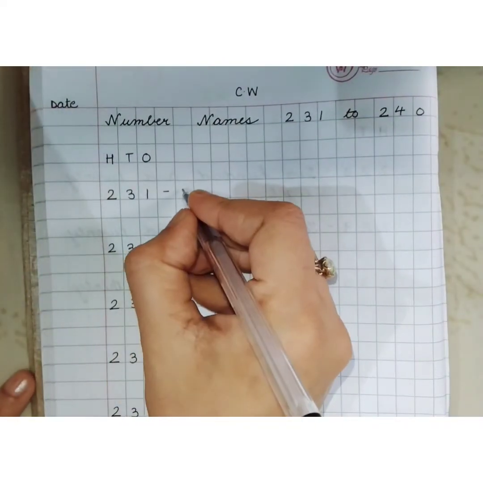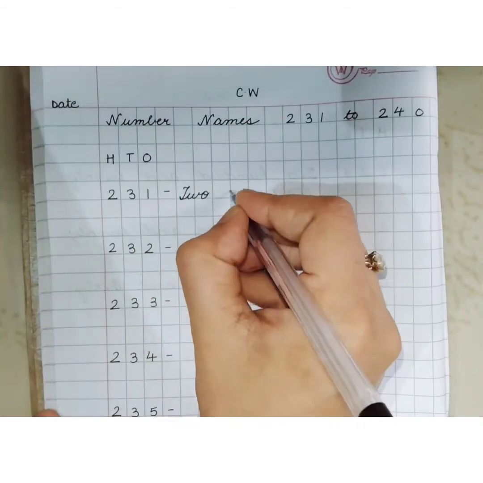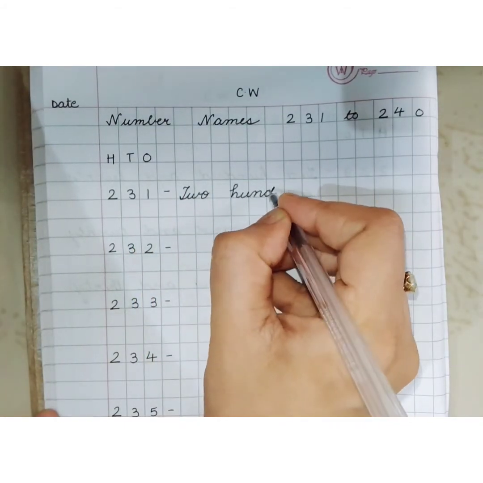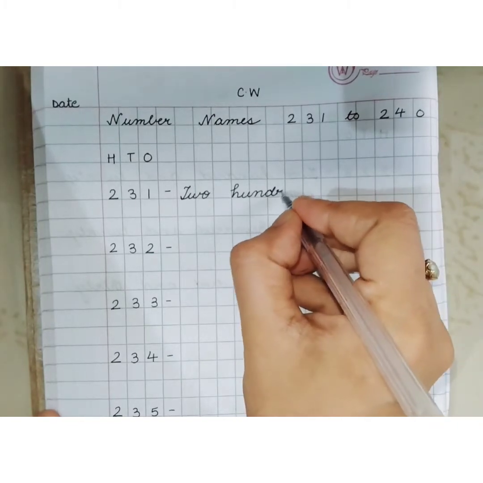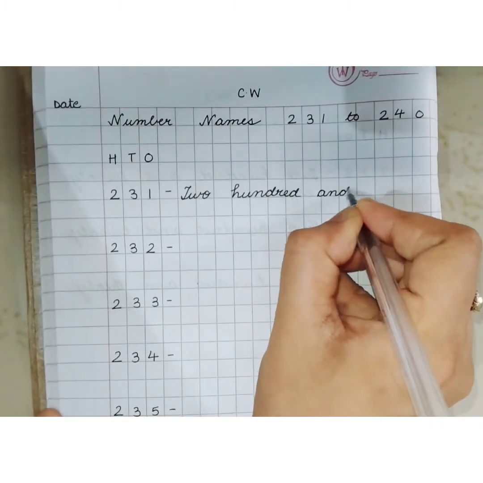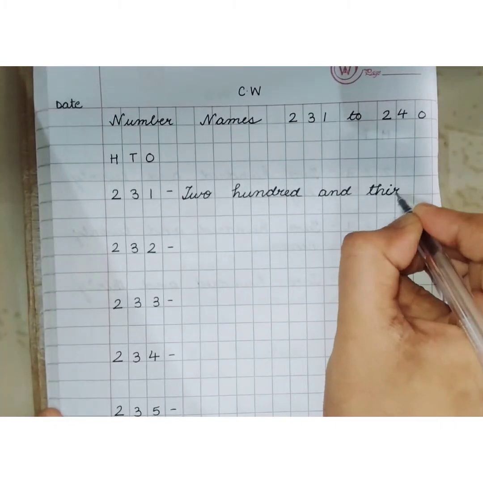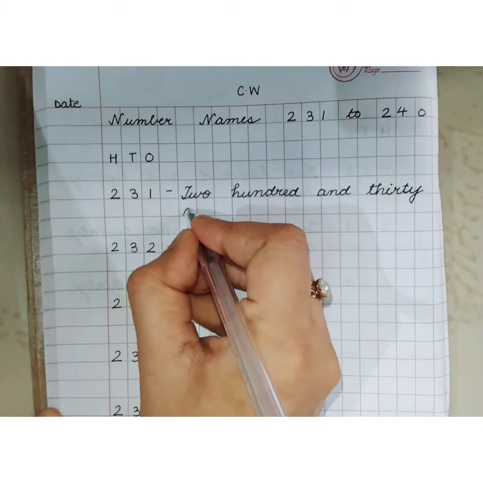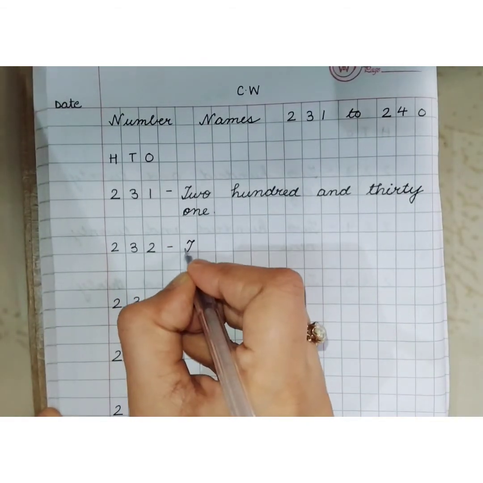So I have already put classwork, date, number names heading 231 to 240, HTO, and then we will quickly start off with writing the number names. So the first one is 231.